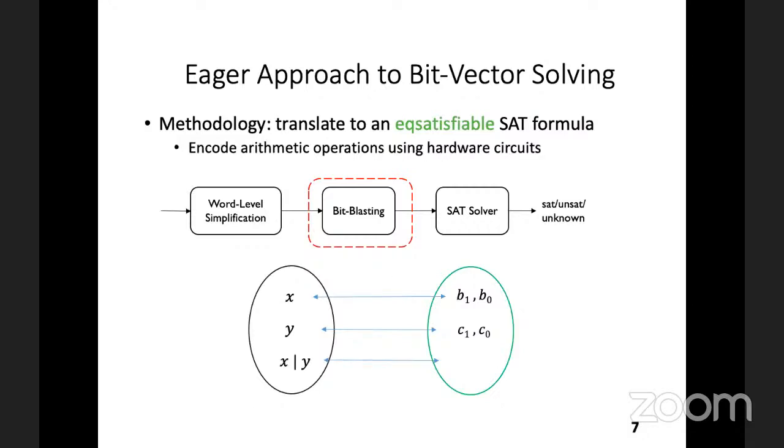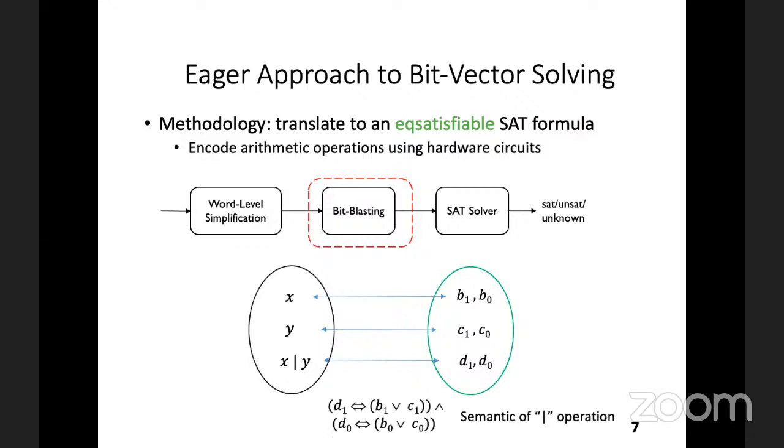Also, to encode the bit vector operations like add and multiply, it will use something like hardware circuits. Let's consider a simple expression, x bitwise y. The idea is to first introduce 2 fresh variables, d1 and d0, to represent the calculation result of this expression.